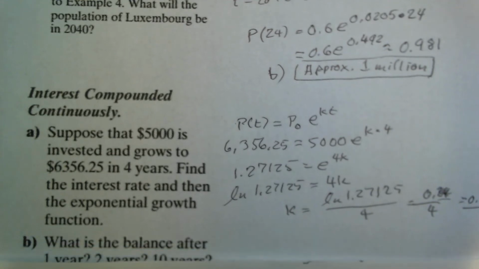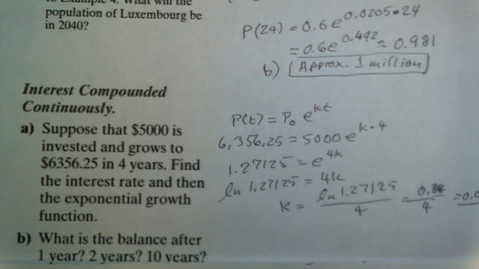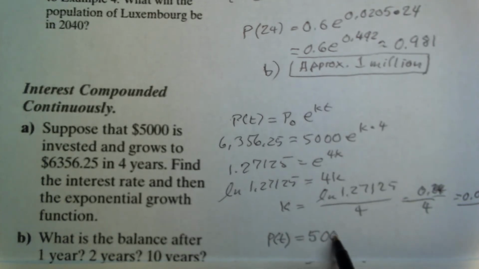So then the growth function is P of t equals 5,000 e to the 0.06t. So that's our answer for A.